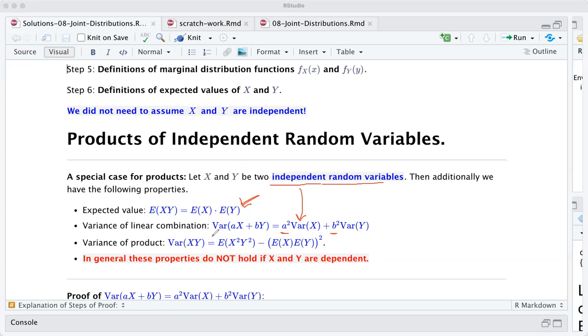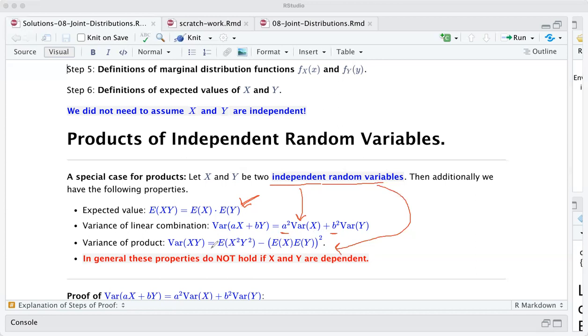So again, we need the assumption that x and y are independent random variables if we want to use this property about the variance. And the last property I want to mention is dealing with a product of random variables x and y. So if I want to calculate the variance of the product xy, I can take the expected value of x squared times y squared and then subtract from that the expected value of x times the expected value of y, squared.